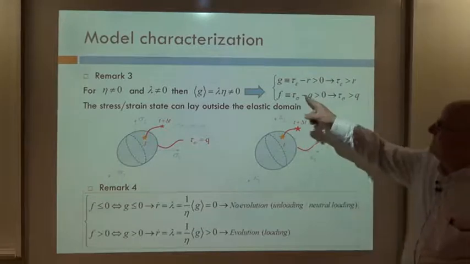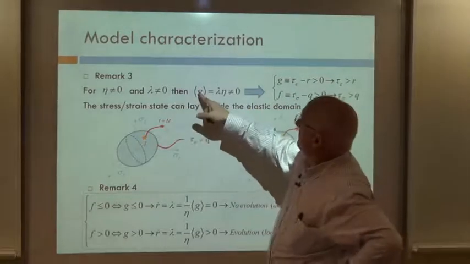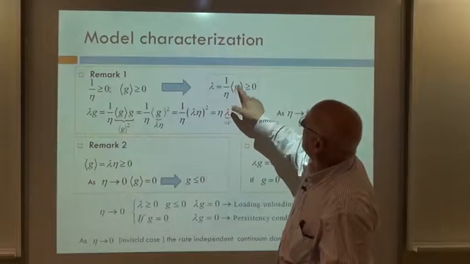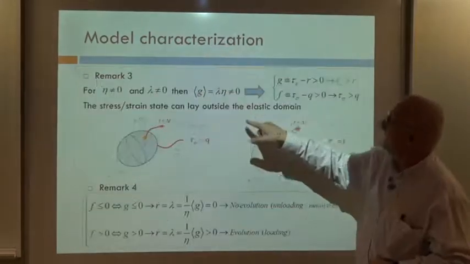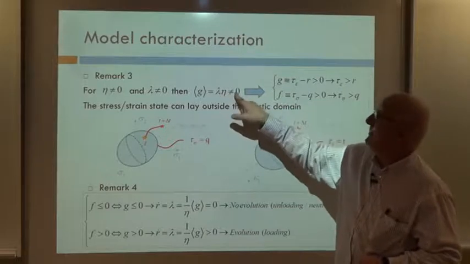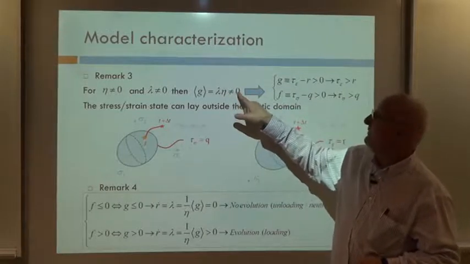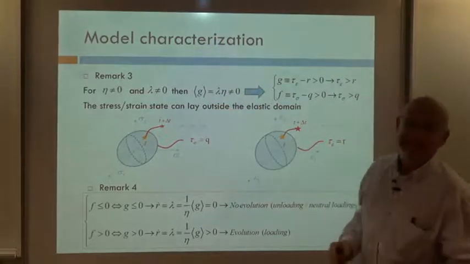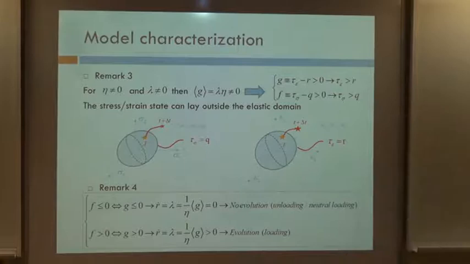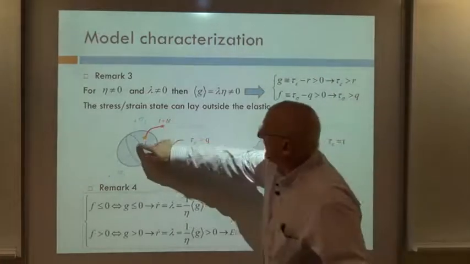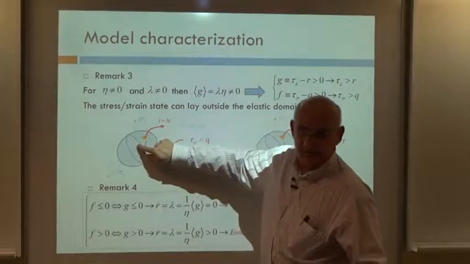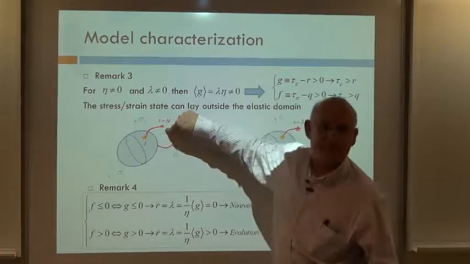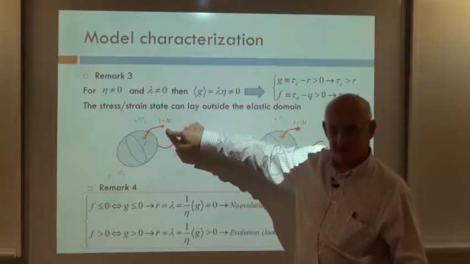So, for instance, again, the regularization said that the Macaulay bracket of G is lambda eta. And that can be different from 0. So if that is different from 0, that means that G can be greater than 0. That means that unlike what happened in the implicit case, one point can lie inside the elastic domain, can lie on the elastic domain, but it can lie also outside the elastic domain. There is no limitation for the point.